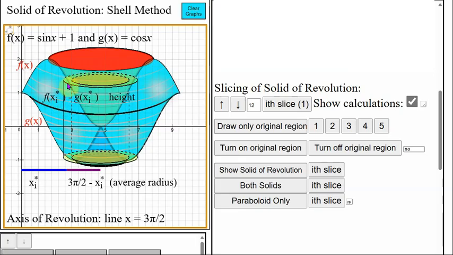Therefore the height of this shell will be f of x sub i star minus g of x sub i star. So once again, the average radius for this ith shell is 3 pi over 2 minus x sub i star, and the height will be f of x sub i star minus g of x sub i star.